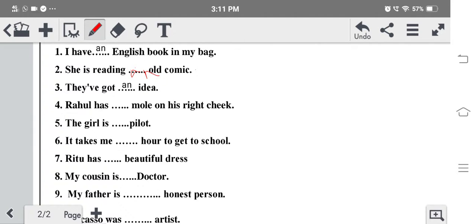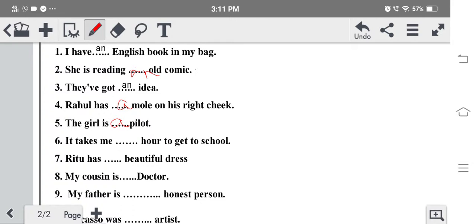I think you will be able to understand. Rahul has dash mole on his right cheek. So M is not a vowel. So a mole on his right cheek. The girl is dash pilot. Again, P is not a vowel, it is a consonant. So the girl is a pilot.